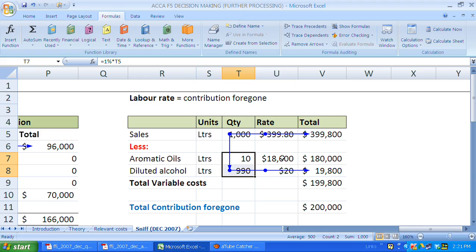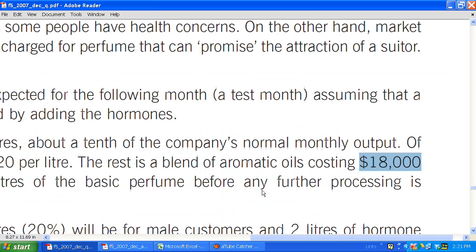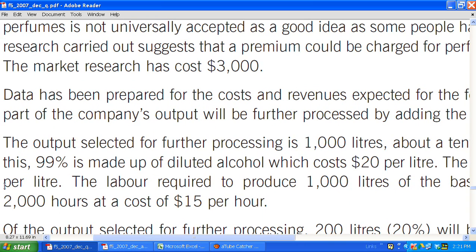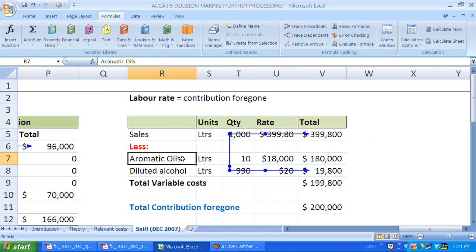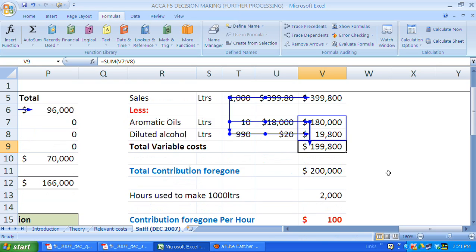The rate is 18,000 per liter, so the total cost of aromatic oils is 180,000. That means the total cost, 180,000 plus 19,800, gives me 199,800.